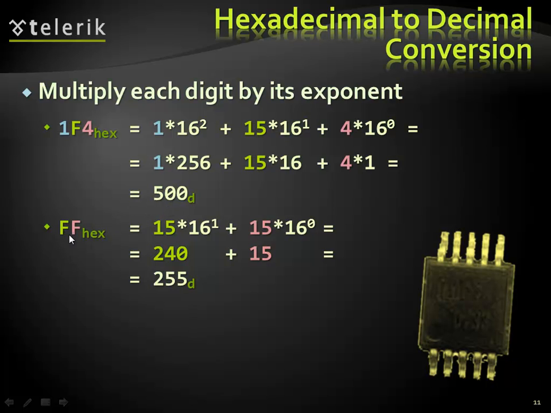And the same here, we have 2 F's, and we can see that each one of them is 15, but we are multiplying it first by 16 in the power of 0, that means in 1, and then we're multiplying it in 16 in the power of 1, that's 16. So we get 240 plus 15, that would be the number.